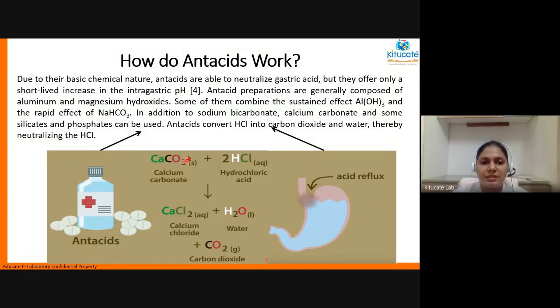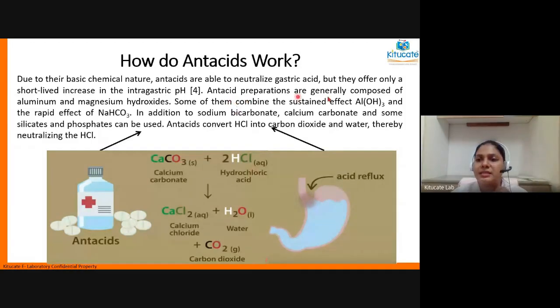These antacids can be a combination of calcium carbonate, and HCl is there in the stomach. So this is the reaction that takes place. A salt is formed, which is calcium chloride, water is formed, and carbon dioxide is formed. That's why whenever we take antacids, we tend to get a burp. That is due to the production of gas.